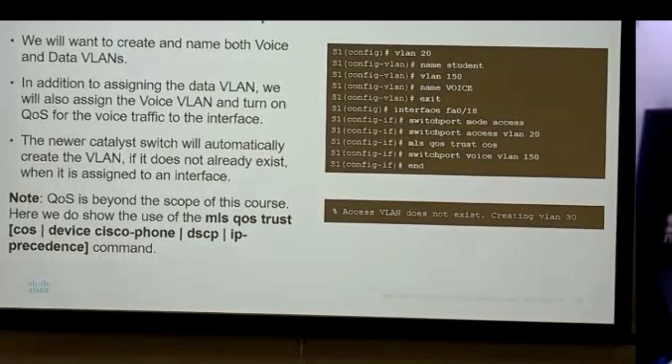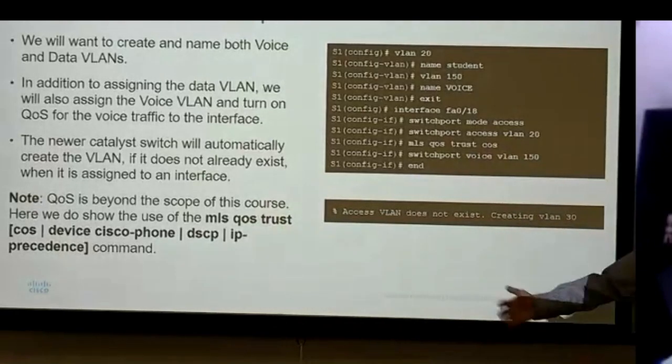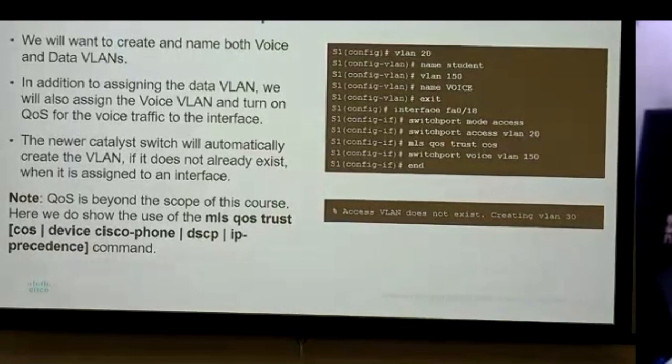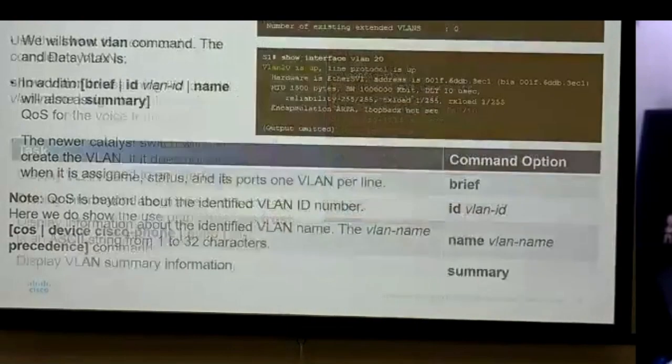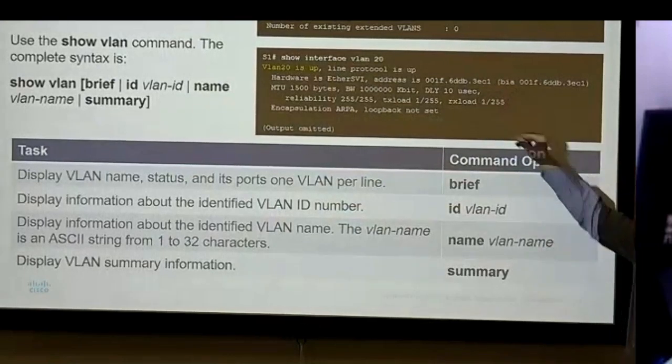You don't need to know much beyond surface information. You can always go in there and use question marks to see what you would study in the rest of the CCNA classes. So show VLAN summary, you're just going to be given a bunch of numbers.